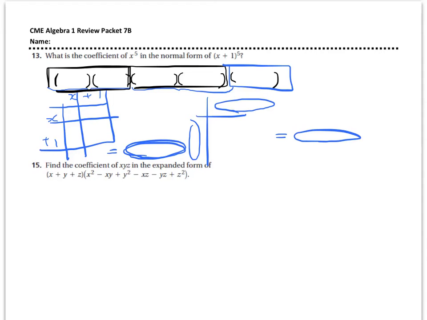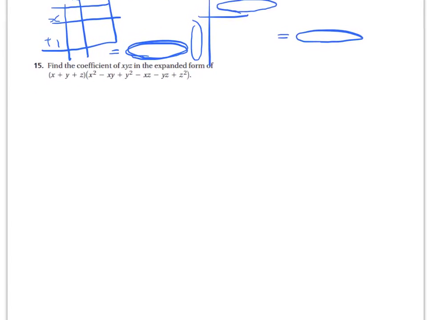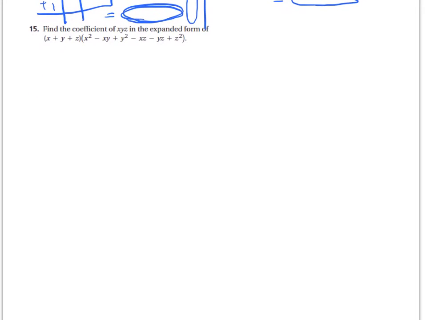Find the coefficient of xyz in the expansion form. This looks like a lot of problem, but it's not that bad.